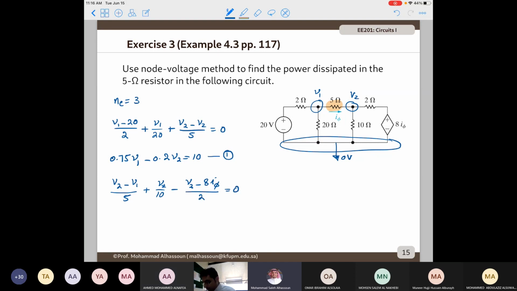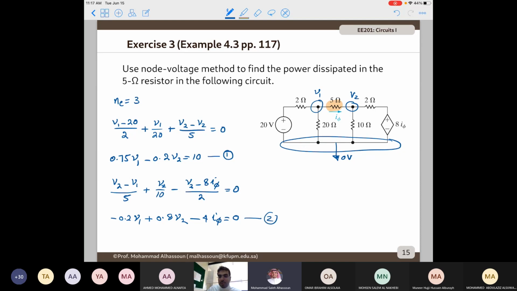So if I simplify it, I will get minus 0.2 V1 plus 0.8 V2 minus 4 I phi equals 0. And this is the second equation.